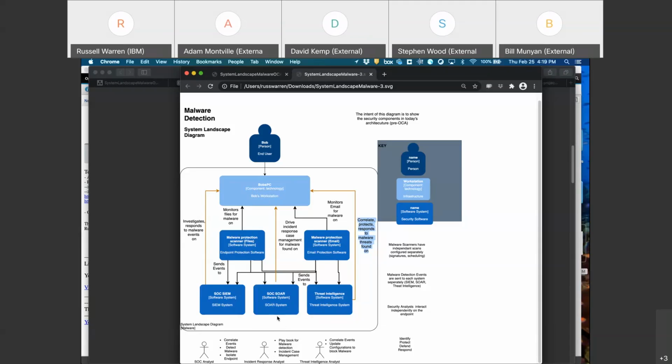Okay. So sorry, are you asking would the brown line actually be going from the SOC analyst to the SOC system versus from the system up to the PC? Is that what you're asking? Yeah, basically. When I think of a SIM, I'm thinking of something that's passive that doesn't take action.